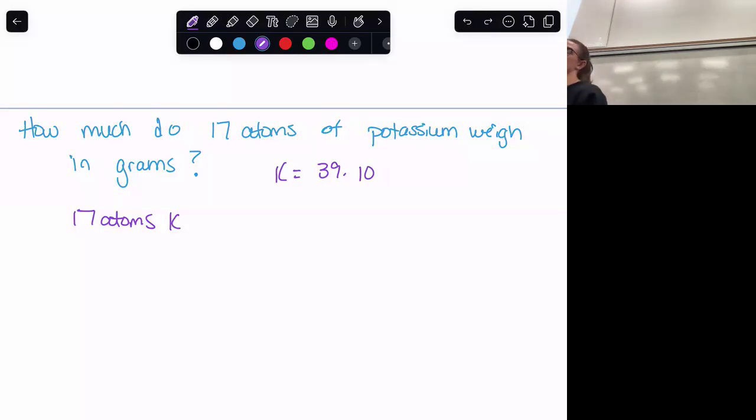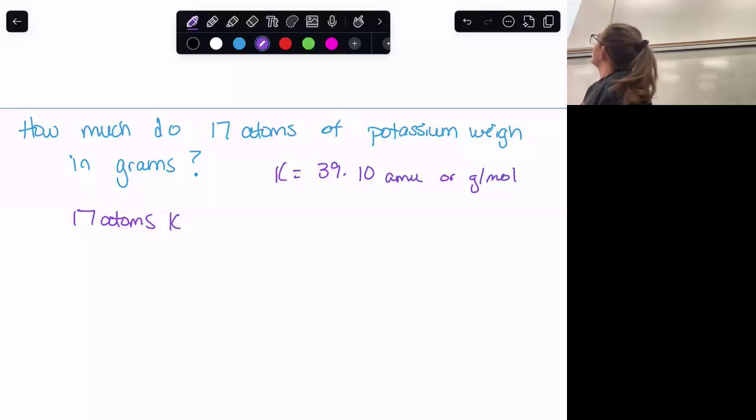AMU or grams per mole, right? Do we have something in grams per mole that matches up with atoms to cancel it out? No, right? We could multiply by the molar mass right now, but then we would be left with atoms times grams divided by moles. Does that give us the mass? No. So what do we need to use in order to get out of atoms?